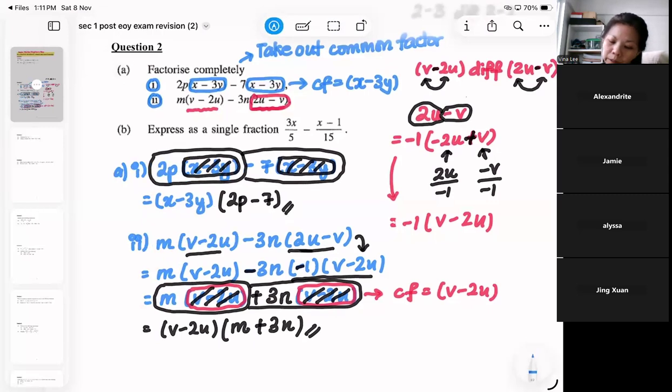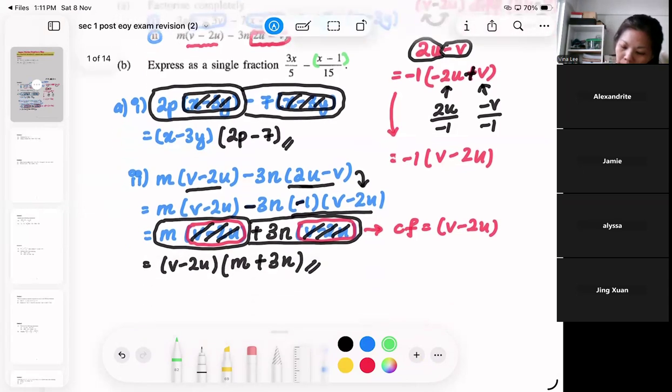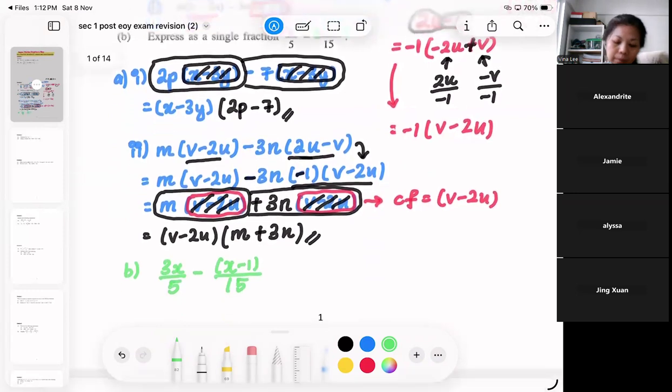Okay, I want to say something about 2b. In case you forgot to put the bracket, please make sure you put a bracket, because a lot of students will forget to put the bracket.